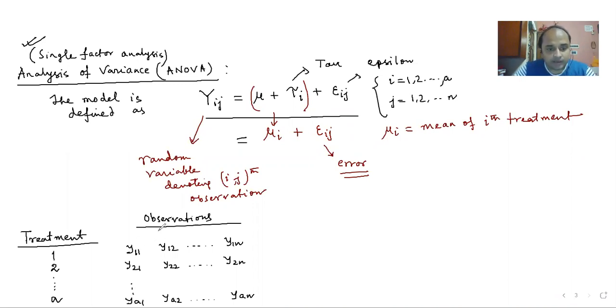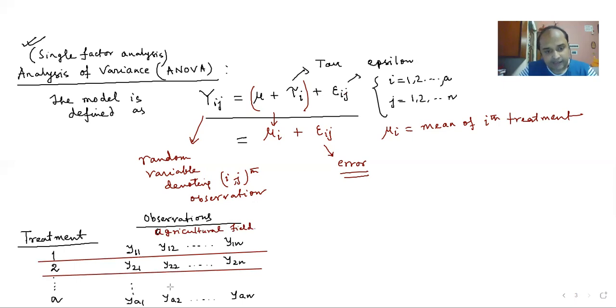For example, try to imagine that I am talking about an agricultural field, and this agricultural field is divided into several blocks like this, and this agricultural field is producing a particular item, a particular vegetable, say for example.